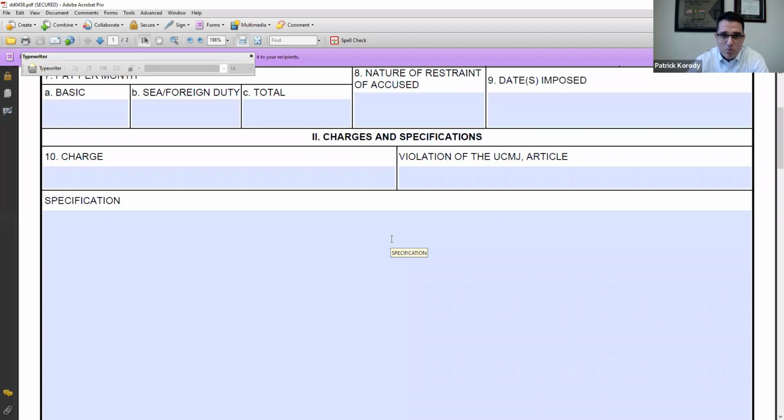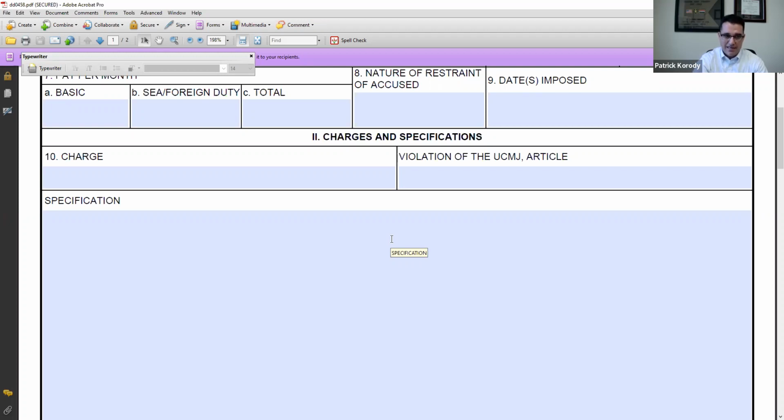Now, if you have one charge, so let's say it's violation of Article 112 alpha, which is the military's drug crime statute, you could have 1, 2, 3, 4, 5, 10, 20 specifications under there, each alleging a discrete criminal act.